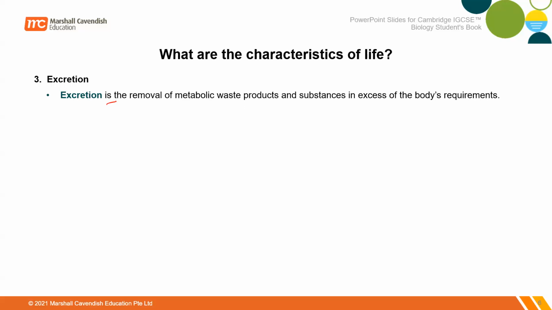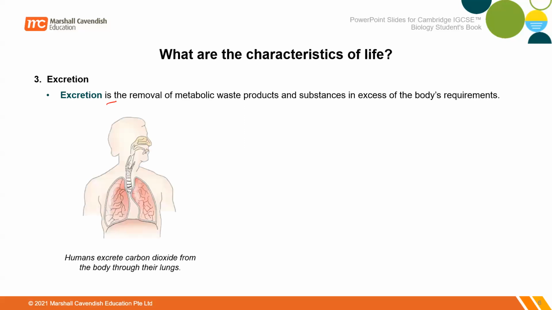So as a result of metabolism, as a result of this kind of activity in the body, there are some waste products, and all of the waste products should be removed from the body. So excretion is one of the features of life or of all living organisms.